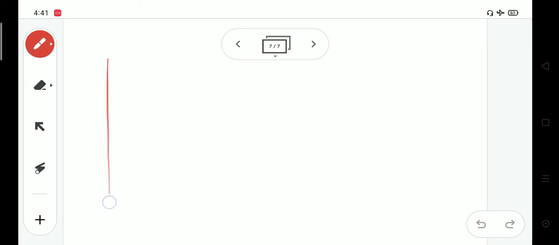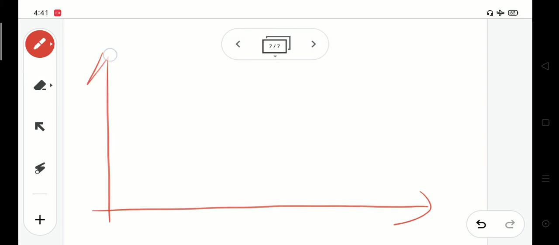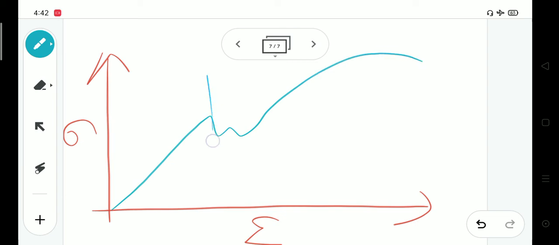That means, let us consider this to be our ductile material, so let me draw this graph. Since we know that it should be under the elastic limit or elastic zone, the loading should not exceed, should not come over here. That means the loading should be under 30% of the yield point.